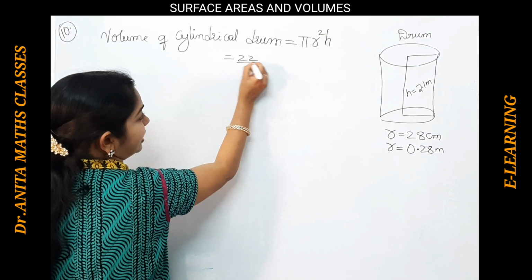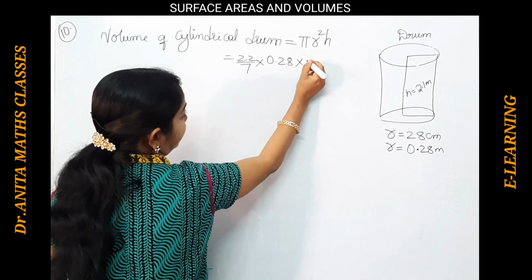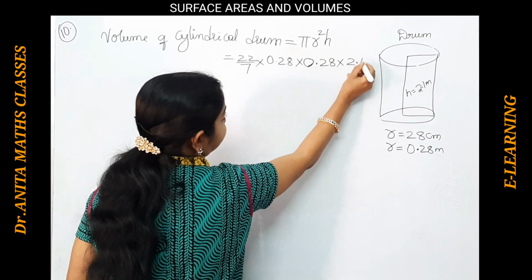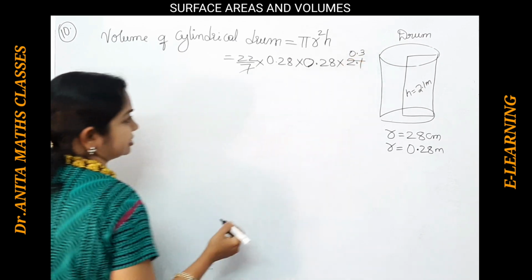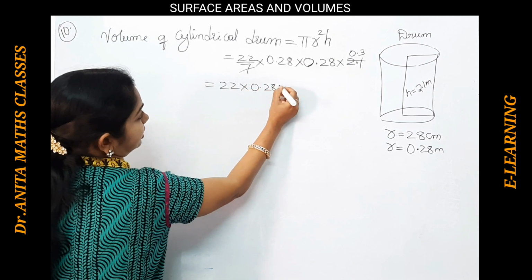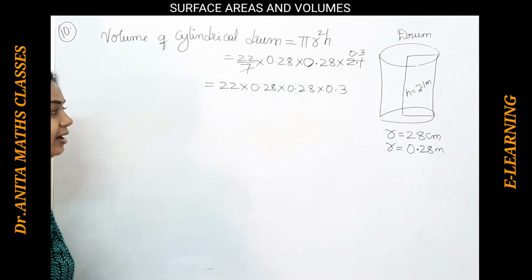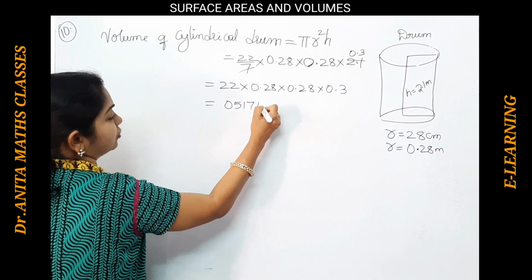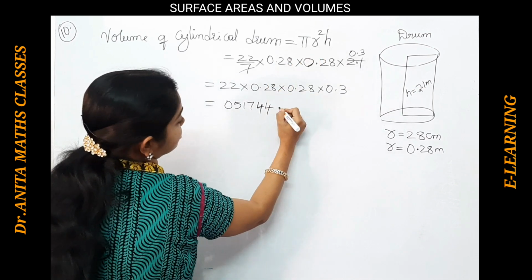That is 22 by 7 into r, in meters 0.28, again 0.28 because of the square, into h which is 2.1. If you cancel it off with this 0.3, 7 threes. So if you multiply 0.28 into 0.28 into 0.3, do the calculations in the rough part. You will get around 0.51744, I suppose. Yes, 44. This is in square meters.